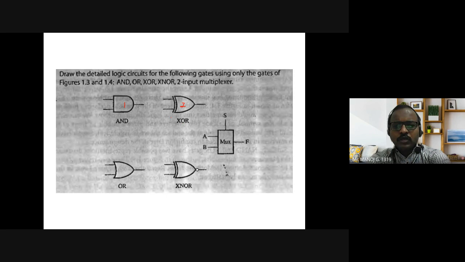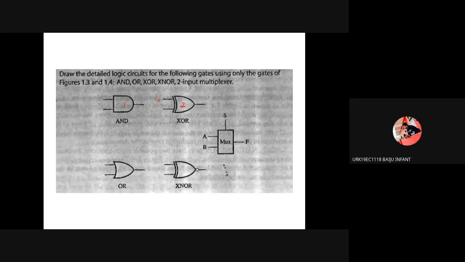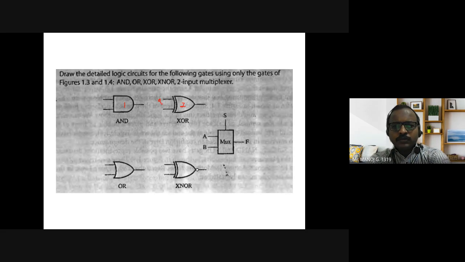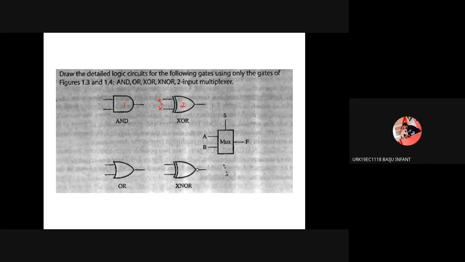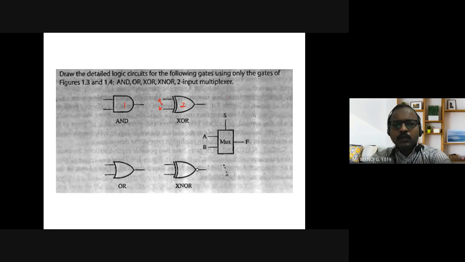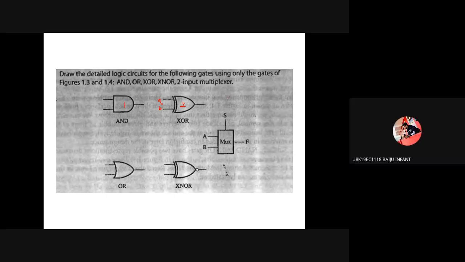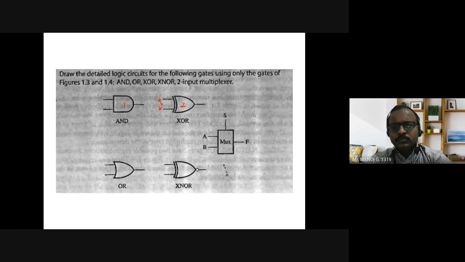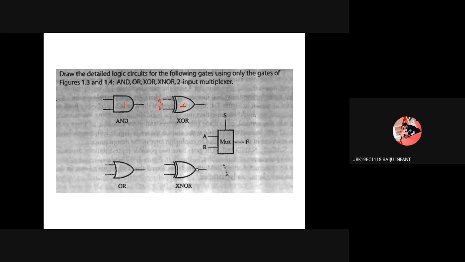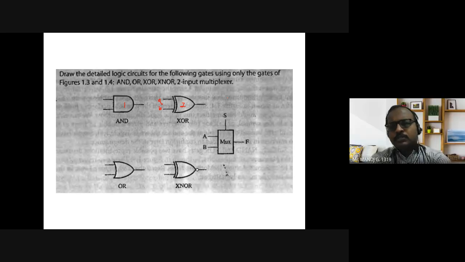XOR gate. Okay. Now, if the input is A and B, what would be the output? I want it in terms of a logical expression.